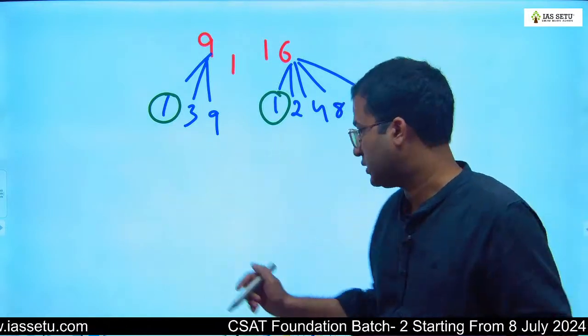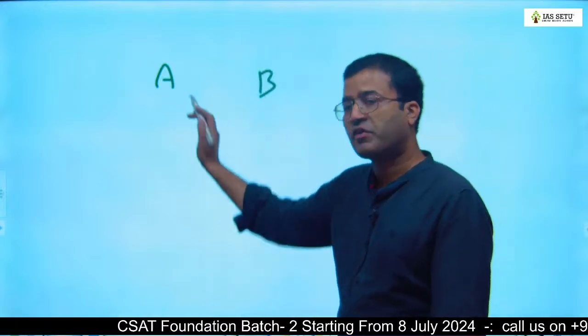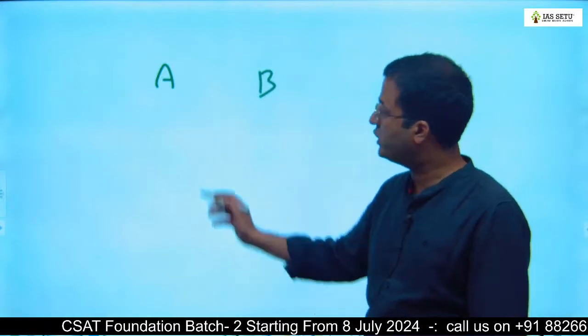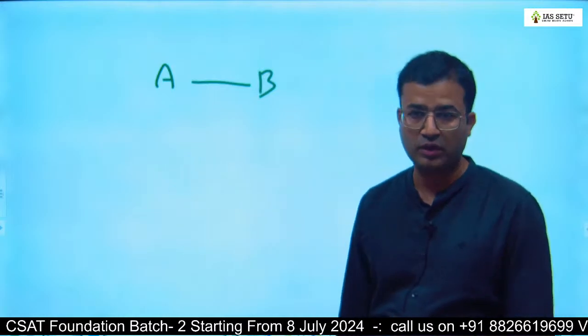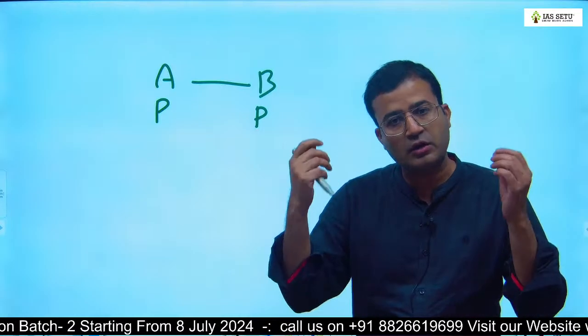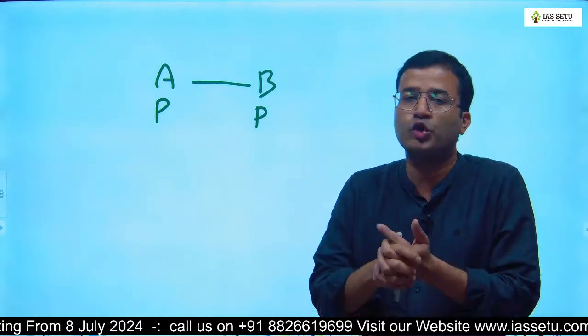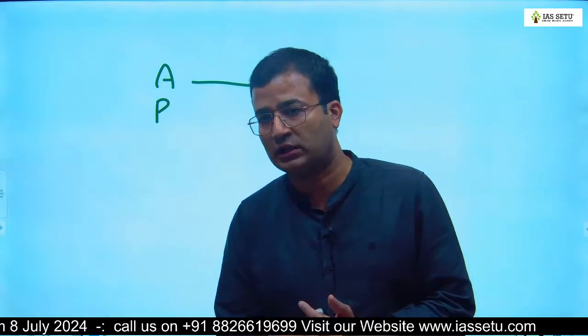Okay, there are two persons, A and B. So A is friendly, B is friendly, so we can say A and B are friendly. So prime number, prime number: two prime numbers are always co-prime to each other, because the only common factor between them is one.